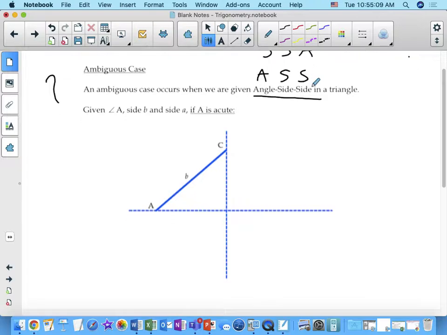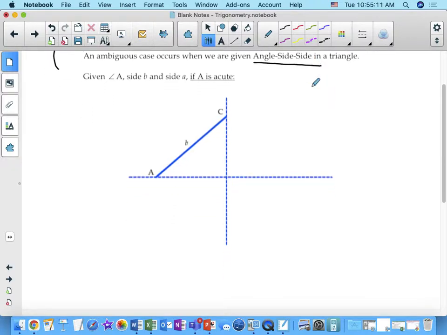Okay? So let's say we have an angle, A, that's given to us. So the idea is that this would be angle A along here. And this is the angle that we know. We know side B is along here. And then side A, which would be opposite to angle A, is also given to us.